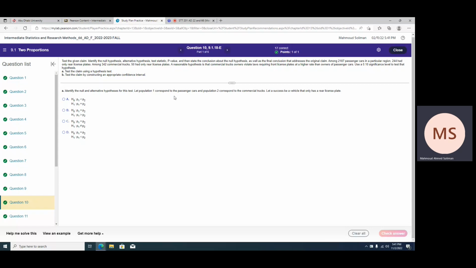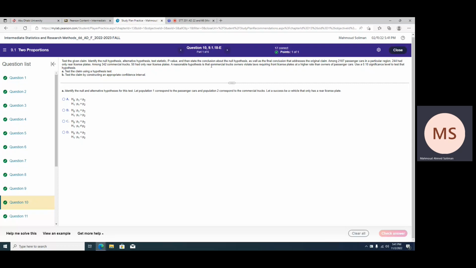So in this question we have 2 samples. The first sample is passenger cars, n is 2187, and 244 had only rear license plates. Then we have the second sample, trucks, 342, and only 50 had rear plates.